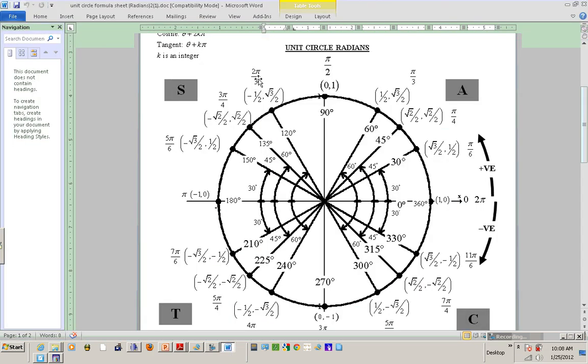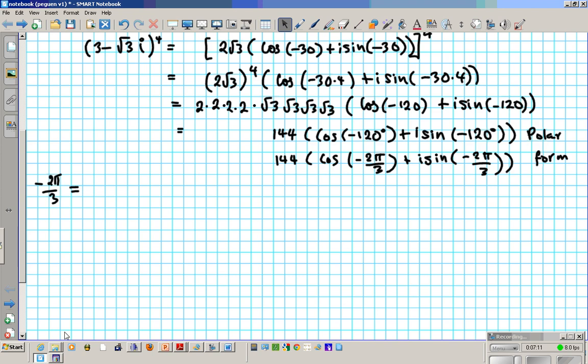This is 2 pi over 3 right here. If we go straight down, this is negative 2 pi over 3, which is 240 degrees. Anytime you have a negative angle, you basically reflect up or down. So we're going to use this coordinate right here: negative 2 pi over 3 gives negative 1/2 and negative root 3 over 2.